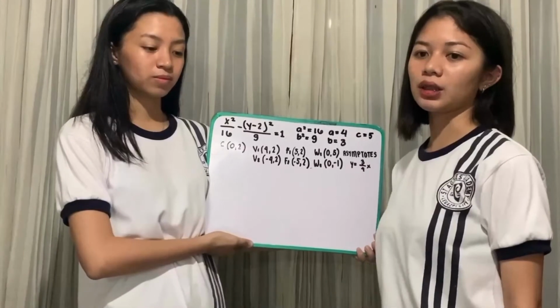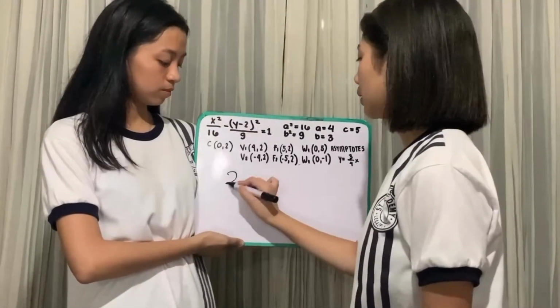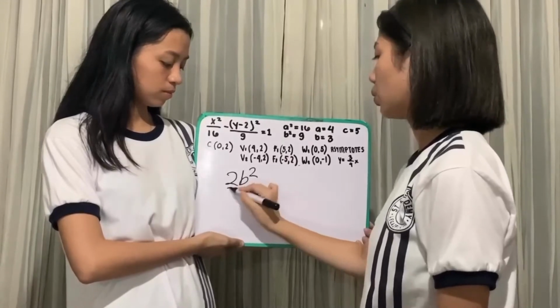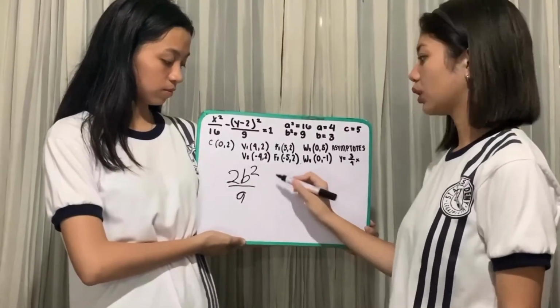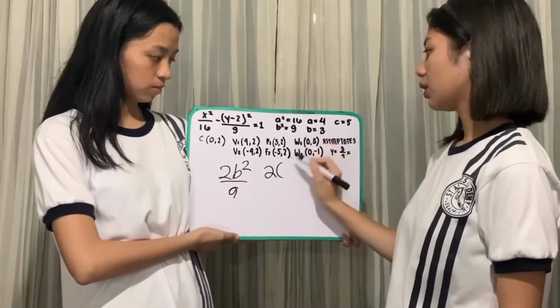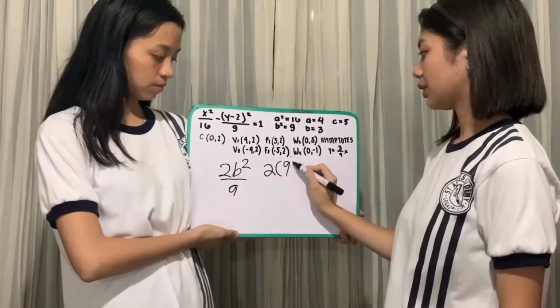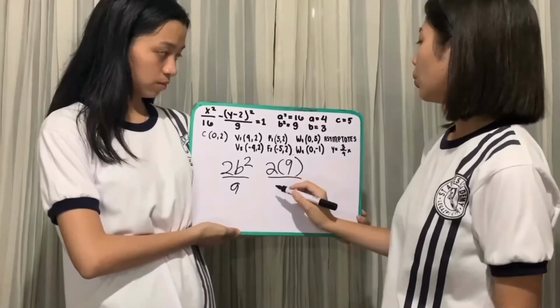Next is the latus rectum. The formula to get the latus rectum is 2b squared over a. Now we will substitute 2 times 9 over the value of a, which is 4.